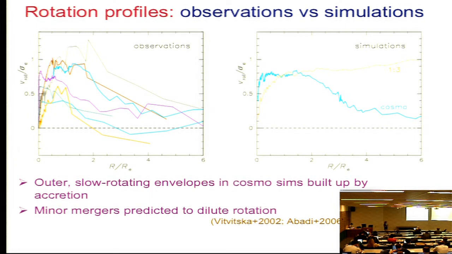You've got to get out to well beyond 1 or 2 effective radii before you can start to see these trends. Over here again, just to remind you, this is V over sigma against R. The cosmological simulations show trends that are very similar to the data, whereas the merger simulations are quite different.